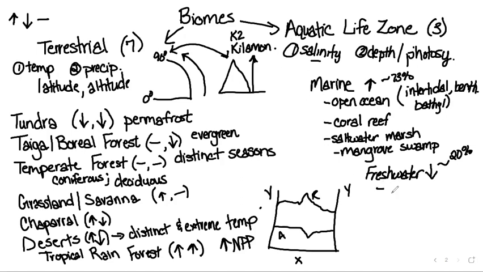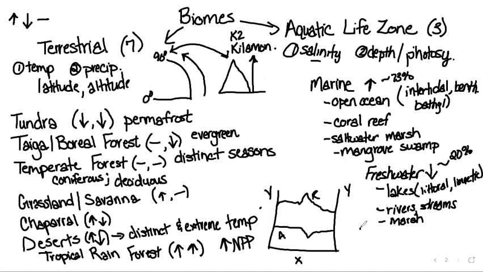So within this, you would have lakes with their littoral zones, those edges on the shore, and the limnetic zones, which is the majority of the water itself. You have rivers, you have streams. You may have some freshwater marshes, freshwater swamps. So you'll have those there.